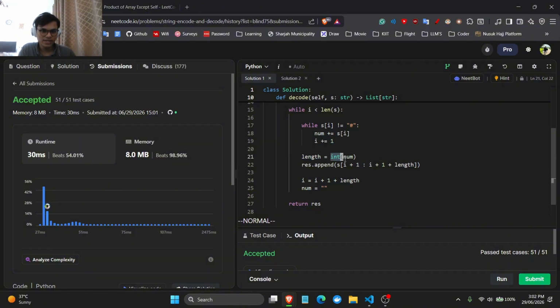Length is equal to int of num, rest dot append of this, I is equal to I plus 1 length. This is much more elegant.